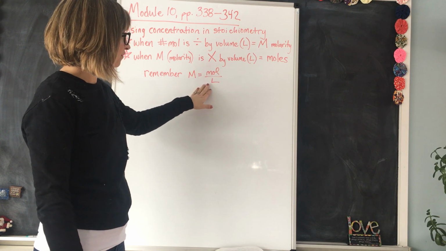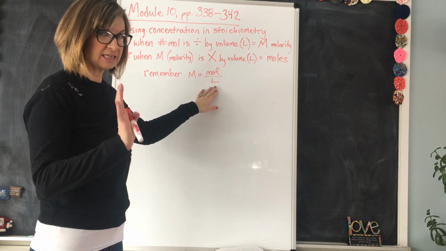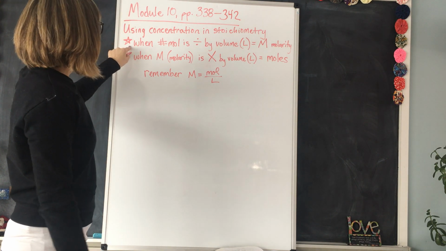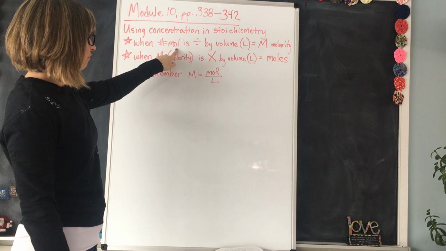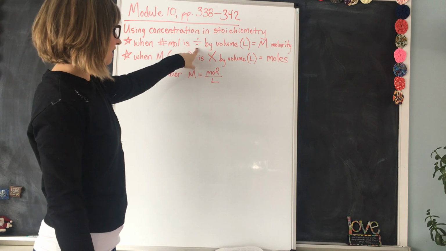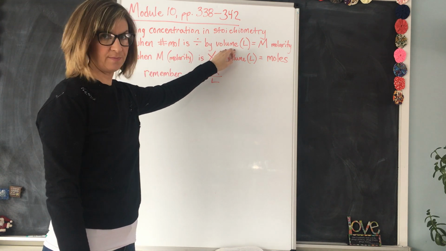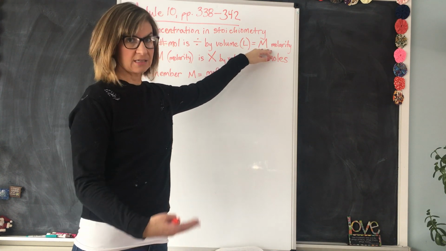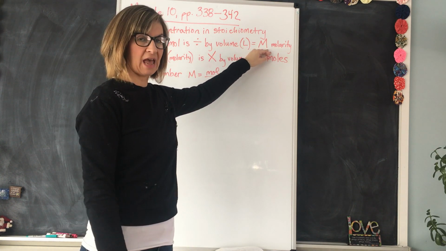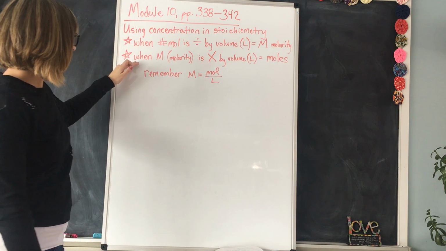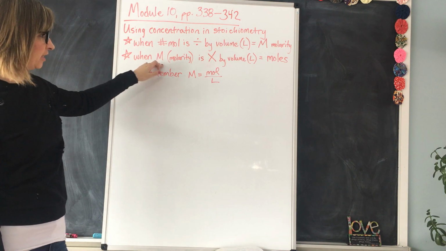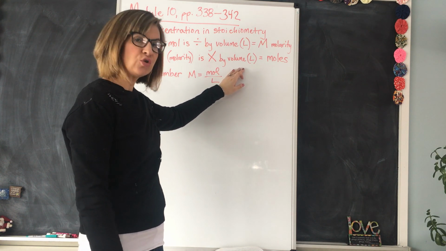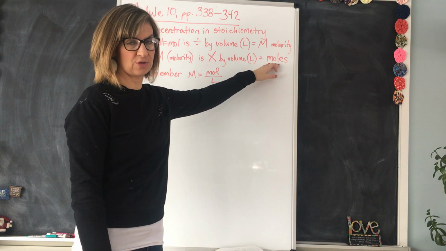Okay, and if you are real familiar with those units, then these next rules will make sense. They are also written in your book. When the number of moles is divided by the volume in liters, your answer will give you the concentration or the molarity, capital M. Okay? When molarity is multiplied by the volume in liters, you will end up with how many moles you have.